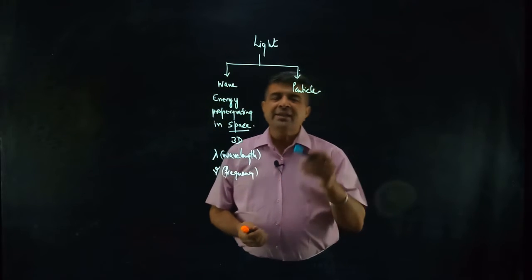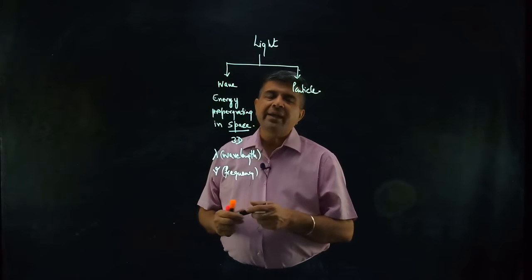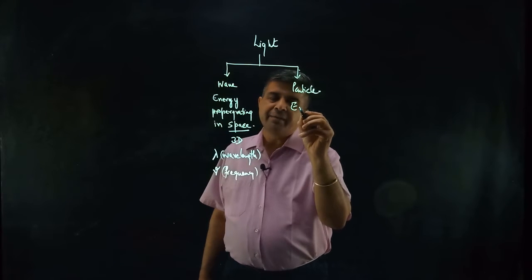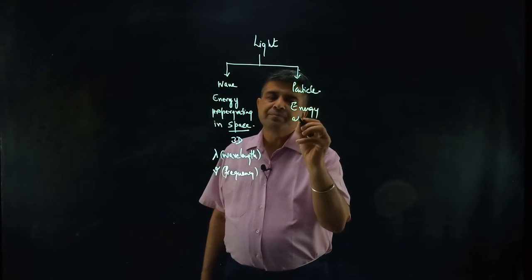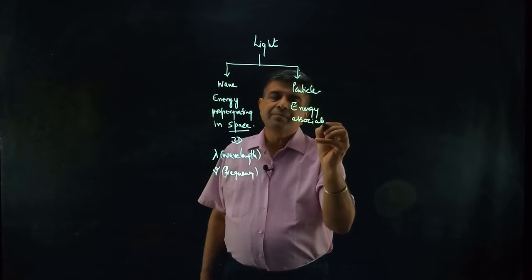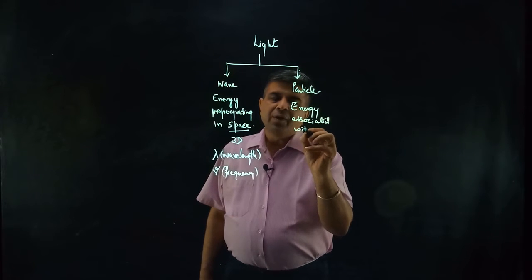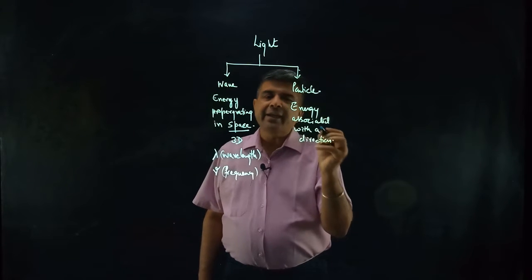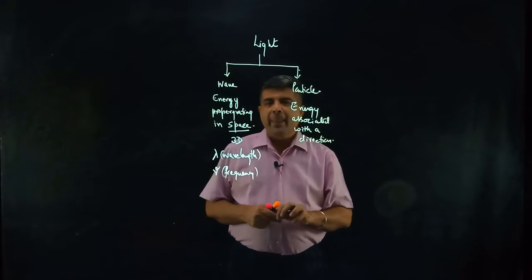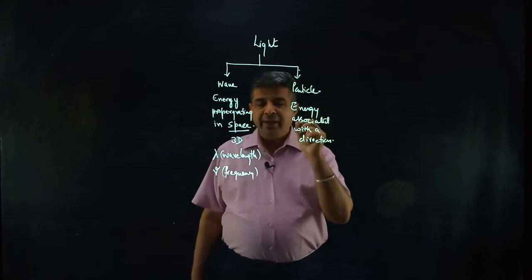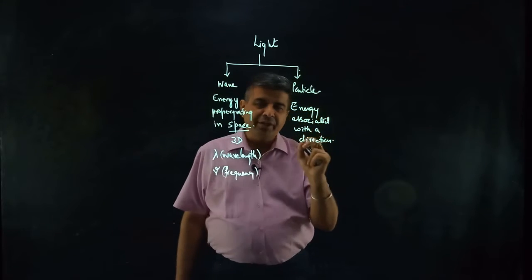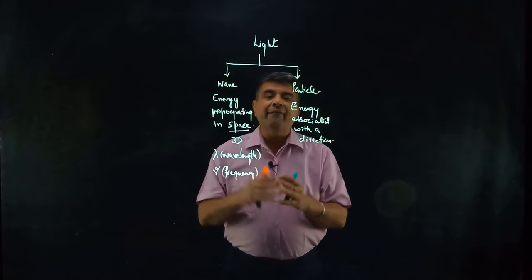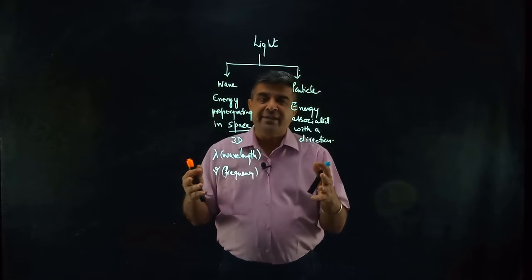Now when we call it a particle characteristic, a particle characteristic is a directional movement, energy associated with a direction at a given instance. So if you throw a ball in, say, north direction, the ball would be traveling towards north. It would not be traveling towards south, east and west simultaneously, isn't it?